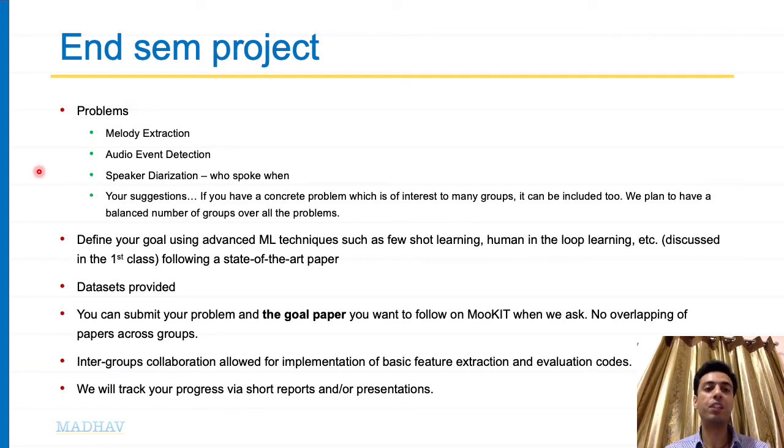For evaluation, you are computing metrics like accuracy, acceptance rate, false rejection rate, precision, recall, etc. So implementation of the codes which are implementing those metrics can be shared amongst groups. We don't mind that, but the main substance should not be plagiarized in any form.